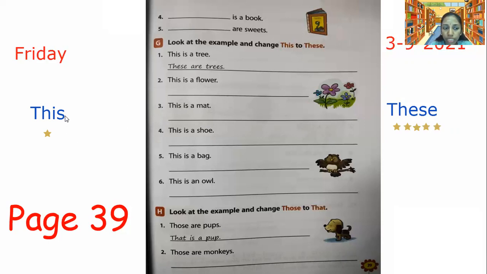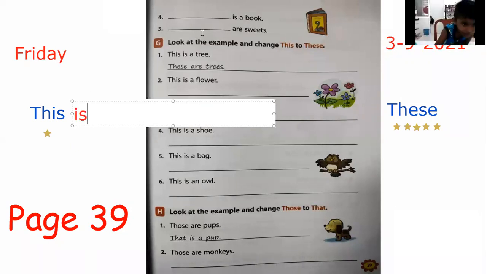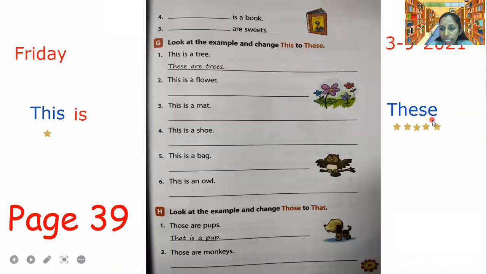And when it comes to this, we always use this is. This is we use for singular, so I will write down here is for you. But when it comes to the word T-H-E-S-E, I will use are because this is plural noun. So that is the difference between these 2.